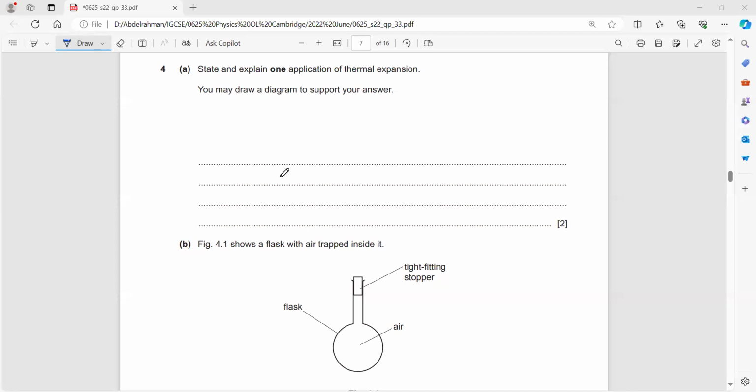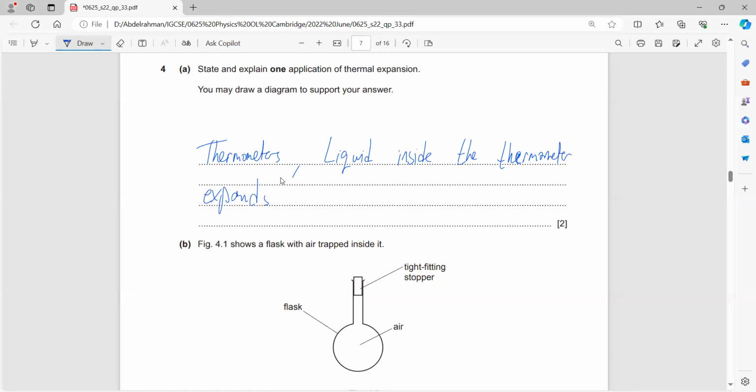We need a useful application of thermal expansion. Of course, the thermometers or the bimetallic strip. I can say thermometers, for example. The liquid inside the thermometer expands due to the heat supplied.